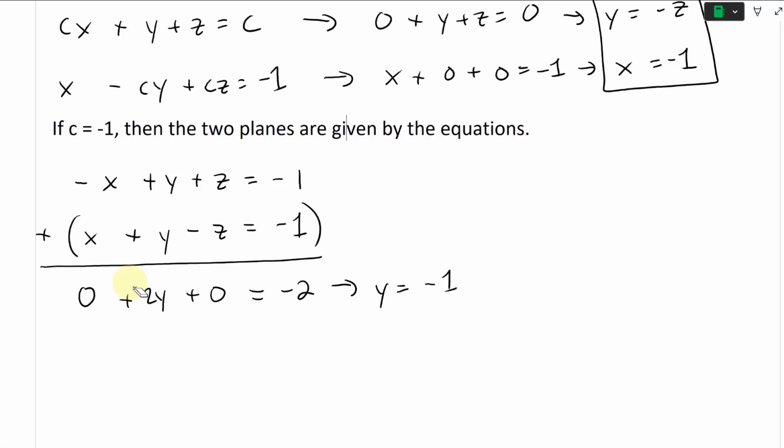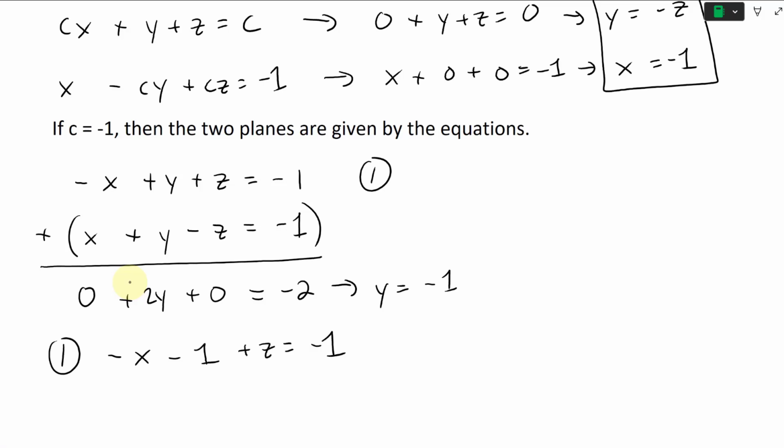And what we could do now is use this first equation right here and plug in y equals -1 inside. We're going to get negative x minus 1, for that's our y, and then plus z equals negative 1.